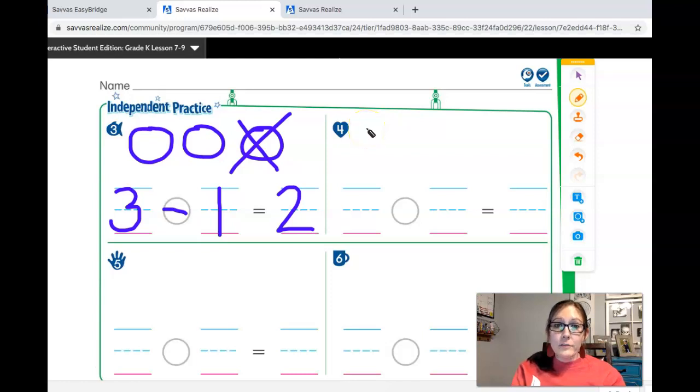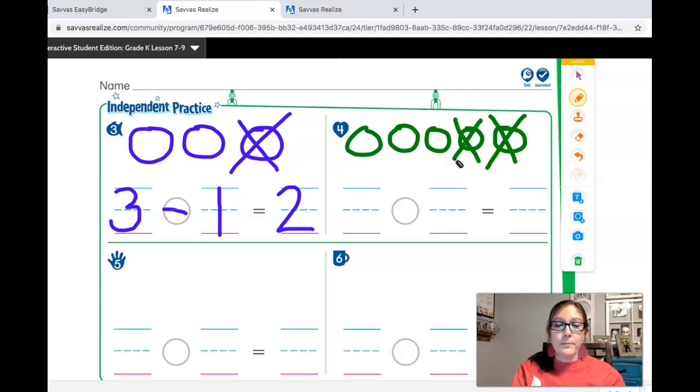There were 5 turtles swimming in the water. 1, 2, 3, 4, 5. 2 of them swam away. X out 2. 1, 2. How many turtles are left? Do you see? 1, 2, 3.